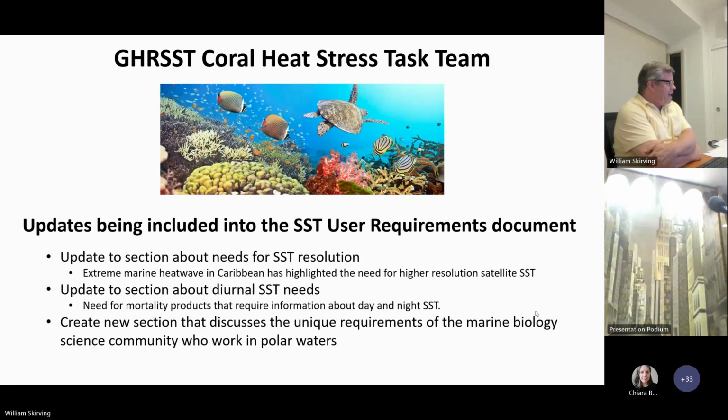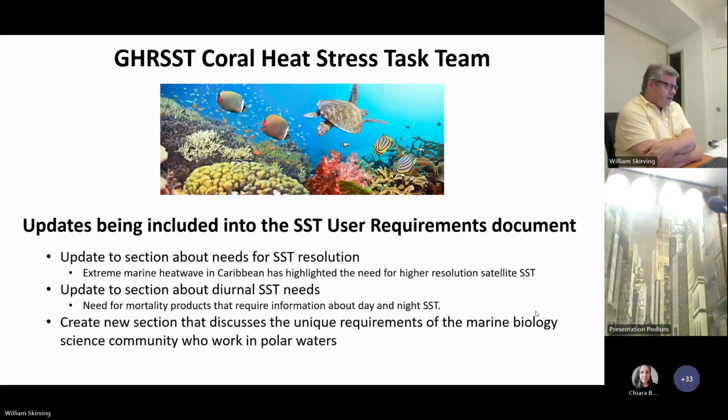We're going to update the section on diurnal SST needs. Previously, we've said nighttime SST is good enough, but we are now chasing mortality products. So previously, we've looked at just using SST to predict when and how severe a bleaching event occurs.